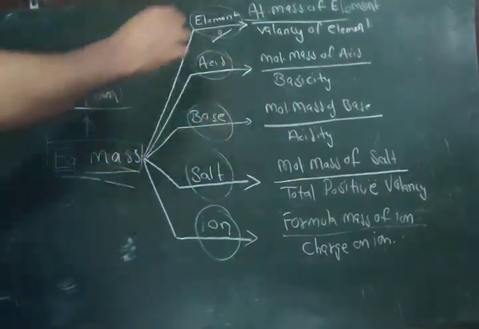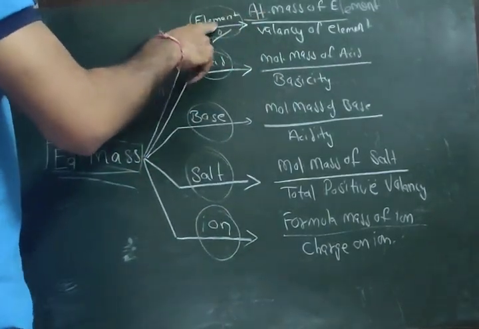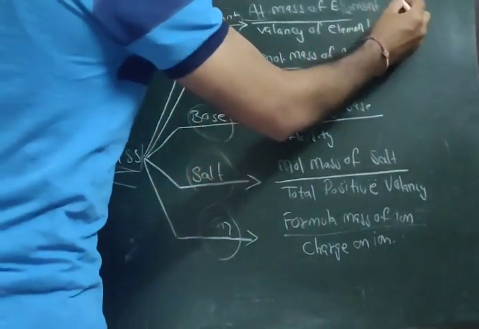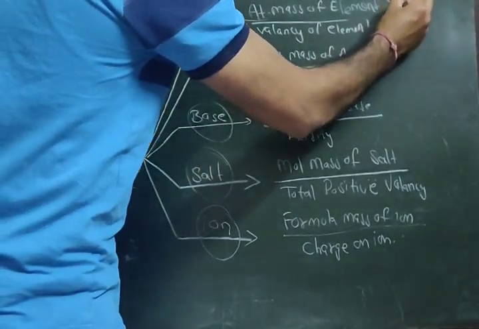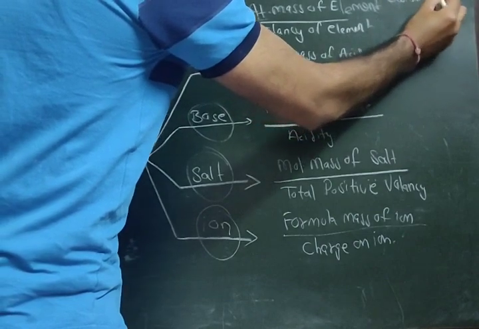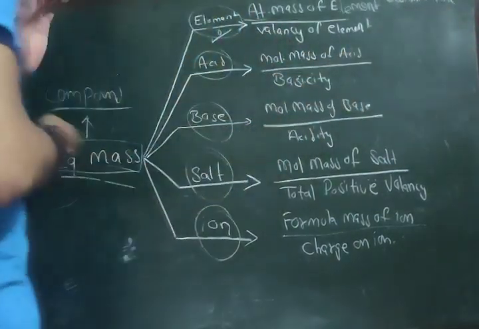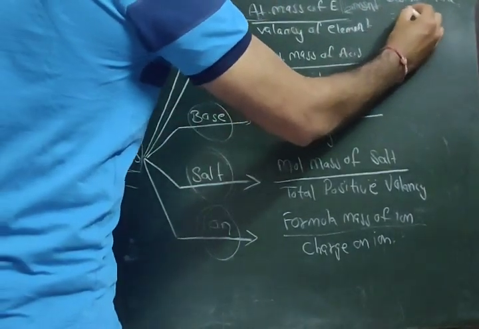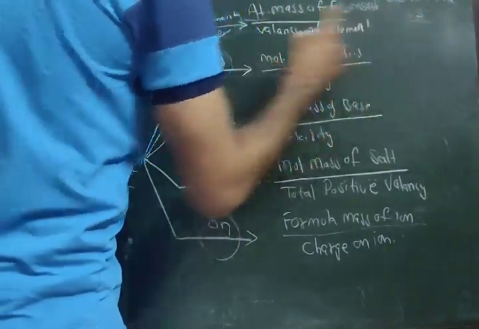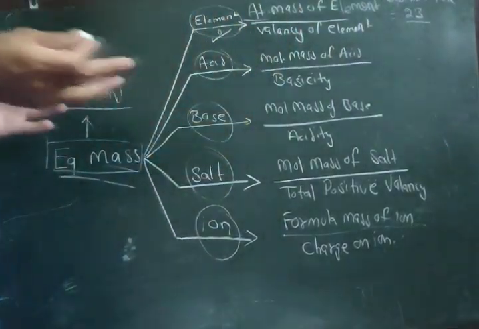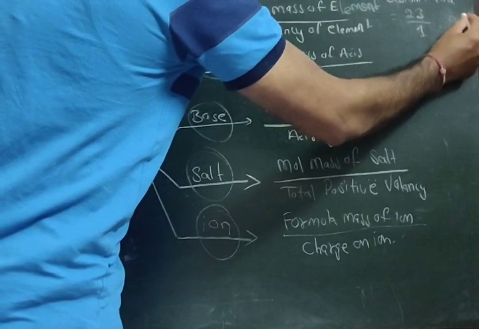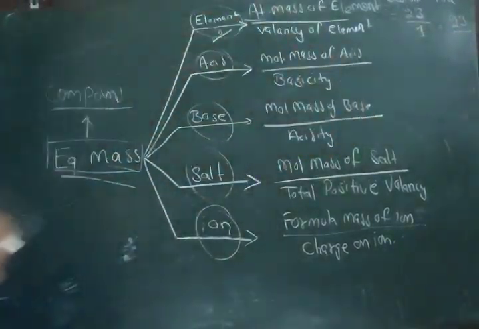Say we are talking about sodium, the symbol is Na. The atomic mass of sodium is 23, and its valency is 1. So the atomic mass and equivalent mass are the same.